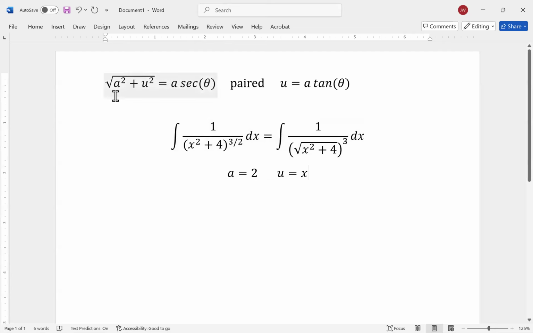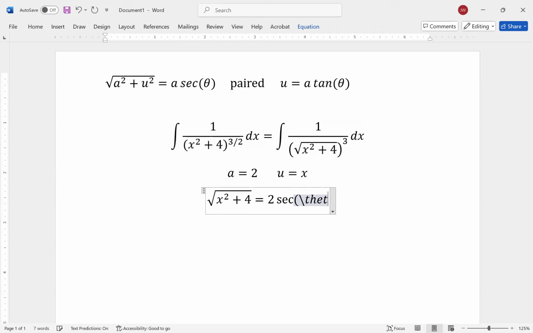But because I have the one where we're adding the two squares, therefore I'm going to let this square root be secant. So the square root of x squared plus 4 is going to be equal to 2 times the secant of theta.